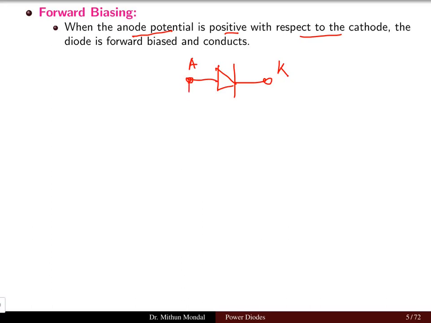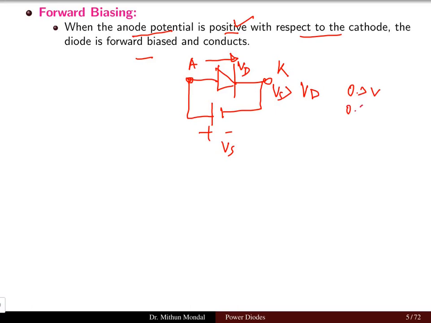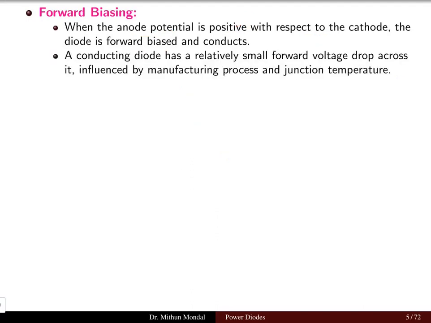If the anode is positive with respect to the cathode which is negative, then we have the forward biasing and the diode will conduct, current will start to flow when the depletion layer potential is crossed by the source voltage. So source voltage should be more than the depletion layer potential, which is usually 0.3 volt and 0.7 volt depending upon which semiconductor material we are using, whether it is silicon or germanium.